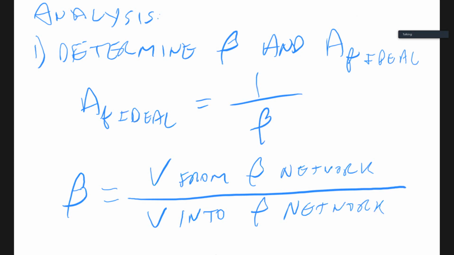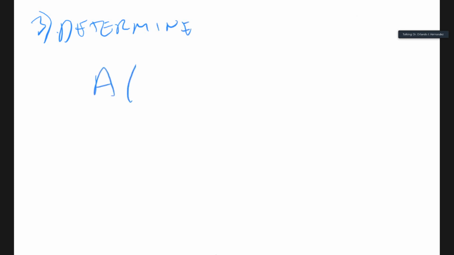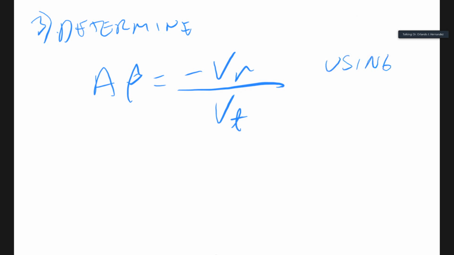So what we can do with that is to determine the loop gain, which is so important, which is A times beta. And what you find is that the loop gain is, and these quantities VR and VT will be apparent in a second, using our technique of breaking the loop.